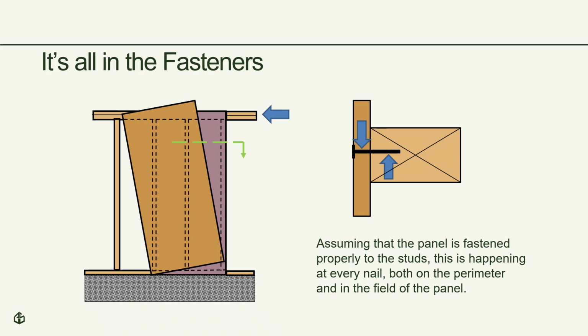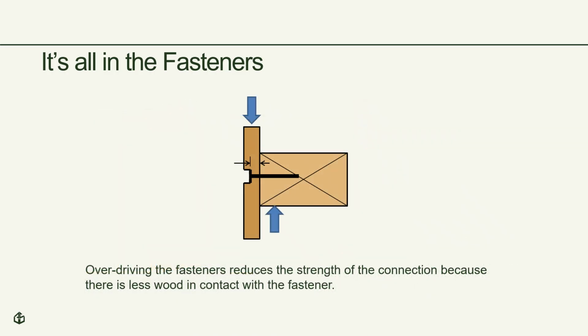As you can see, the fastener has to be able to resist the shear and withdrawal that occurs when this load is applied. This shows the importance of properly installing fasteners. If a fastener is overdriven, it reduces the strength of the connection because there is less wood in contact with the fastener.